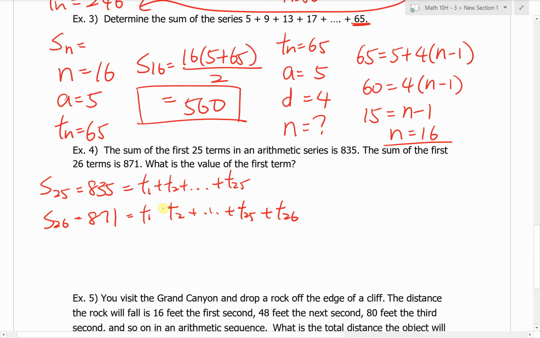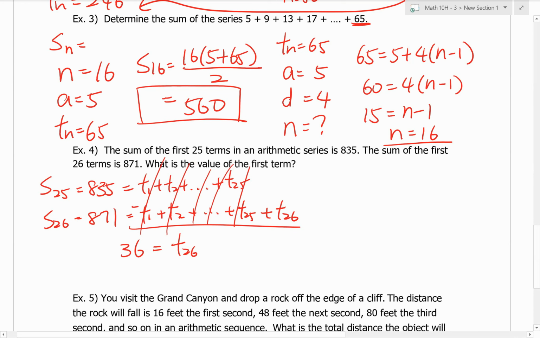That's what that means. Now, what if I subtract these two? T1 minus T1 is 0, T2 minus T2 is 0. If I just continue to subtract, all these will be zeros. All I'm left with is T26. And if I subtract 871 from 835, I get 36.